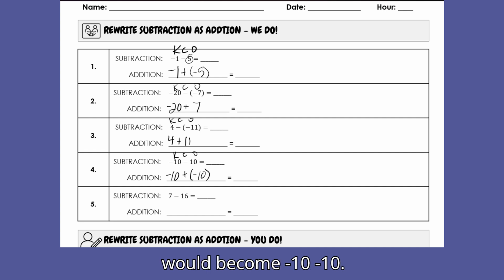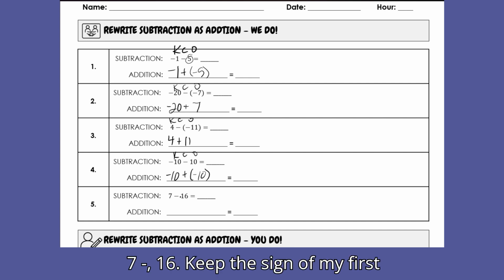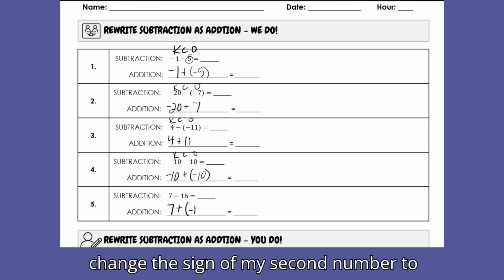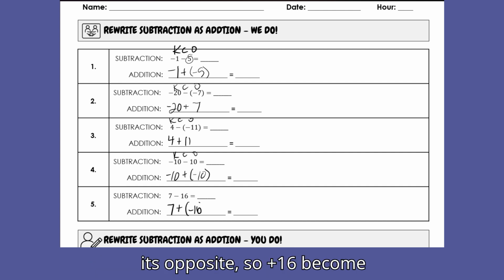So this would become negative 10 plus negative 10. Number 5, 7 minus 16, keep the sign of my first number, change subtraction to addition, change the sign of my second number to its opposite. So positive 16 will become negative 16. So 7 minus 16 is equivalent to 7 plus negative 16.